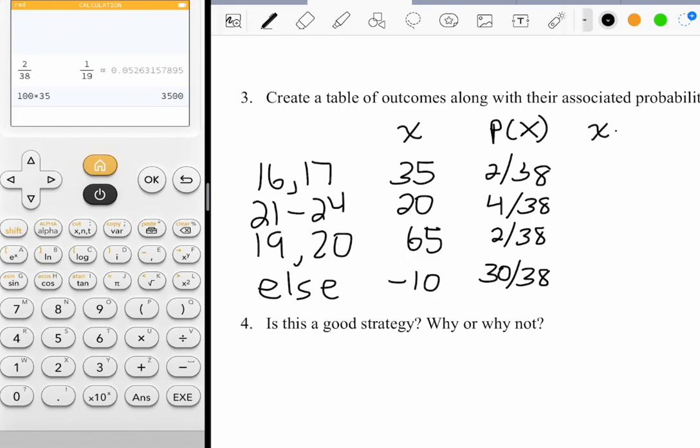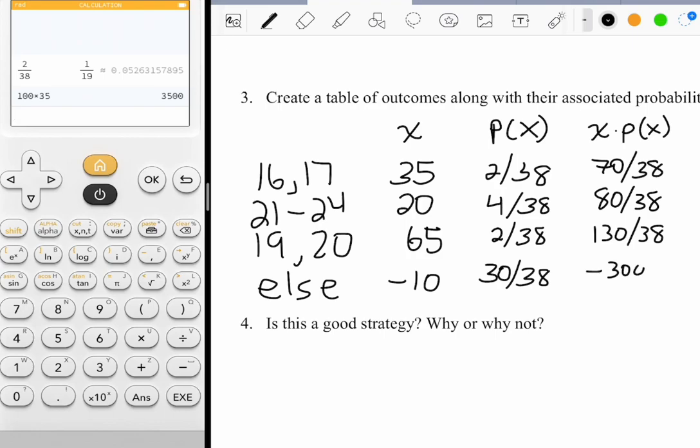So x times p of x: 70 over 38, 80 over 38, 130 over 38, and negative 300 over 38. All right.